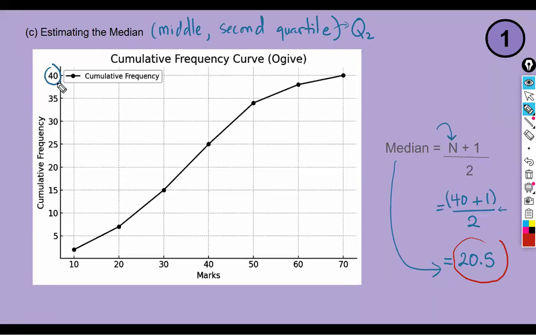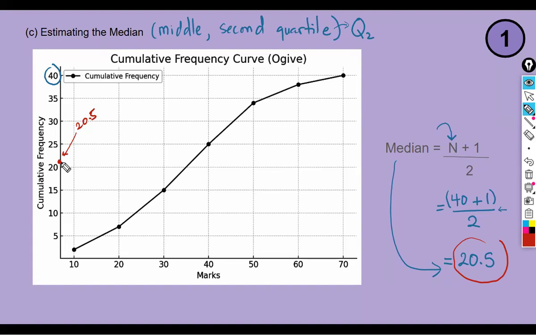So what you have to do is go on your y-axis and look for exactly 20.5. Now, if I recall correctly, on the y-axis, every small block was 0.5. So look for 20 and go one small block directly above that. That would be exactly 20.5.